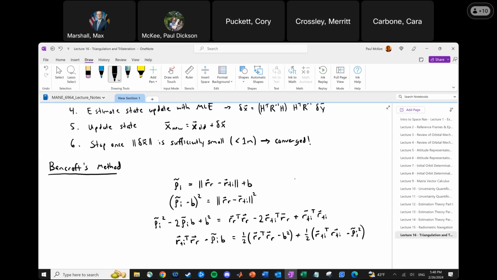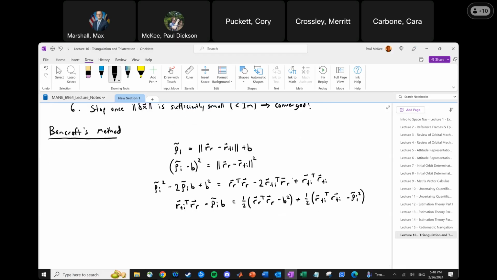Okay, why did I do that? The reason is that the right-hand side of the equal sign can be grouped into a couple of terms. Take this first term. What do we notice about it? Those are all the things that depend on the state and don't change from measurement to measurement. Nothing in this term has anything to do with the particular GPS satellite we're looking at.